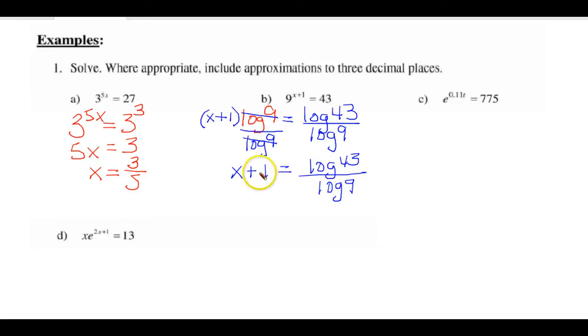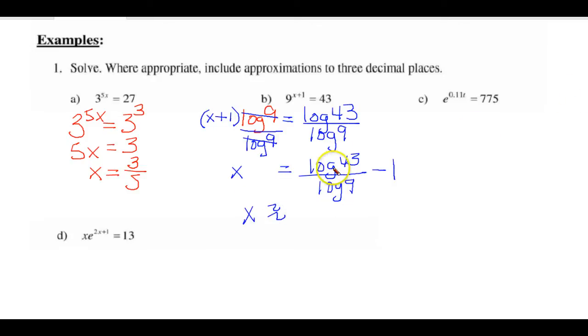And once again, how do you get rid of the positive 1 on this side? Transpose it to the other side, where it'll become a negative 1. And I can just erase it here. Now, this is the exact answer, and MATLAB will want an approximation.